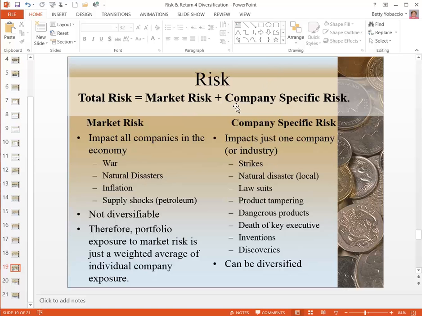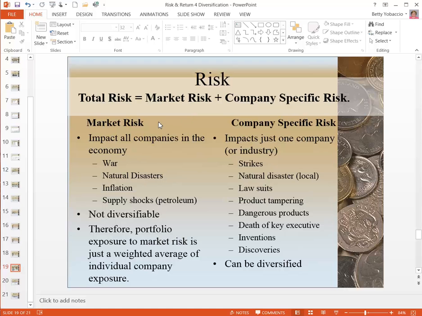Next, I want to talk about how we can break risk down into its components. We can look at total risk, and that's standard deviation, as being the sum of two components, market risk and company-specific risk.